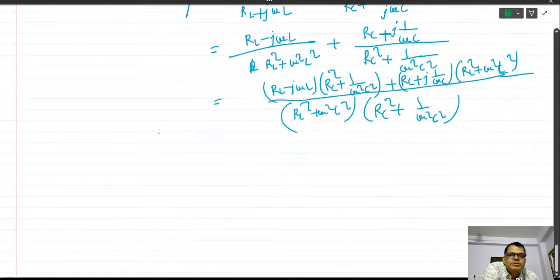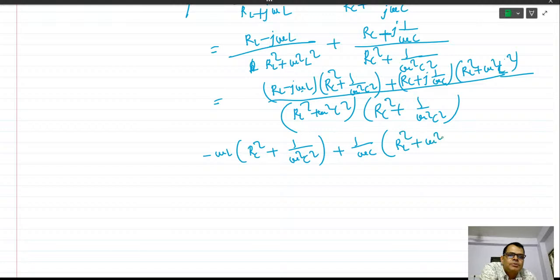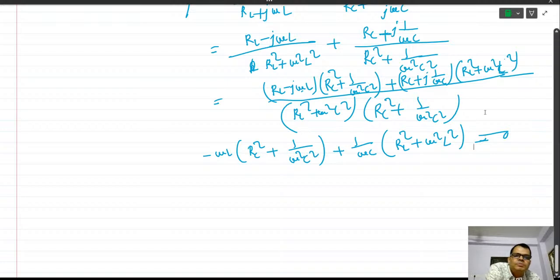This part will be the imaginary part. You can easily see that omega L minus omega L RC square and so on will be equal to 0. So I can write omega L (RC square plus 1 upon omega square C square) minus ... plus 1 upon omega C into (RL square plus omega square L square) equal to 0. The imaginary part of Y will be 0.